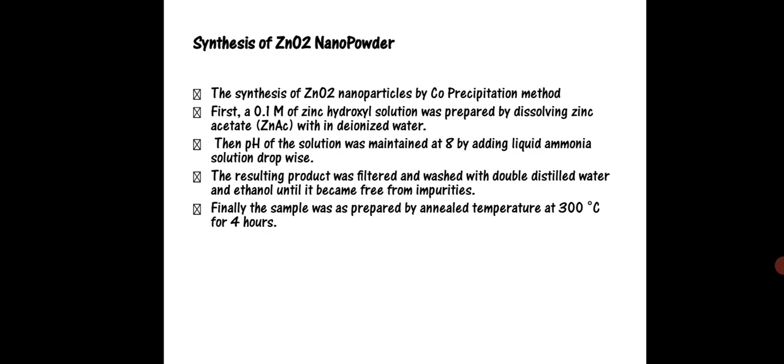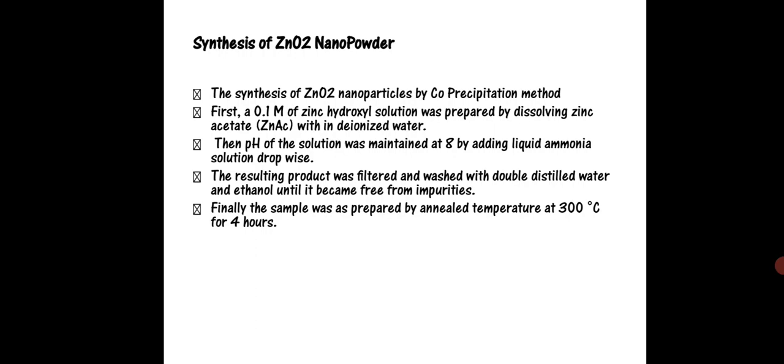Next, the pH of the solution was maintained at 8 by adding liquid ammonia solution drop by drop. Next, the resulting product was filtered and washed with double distilled water and ethanol.